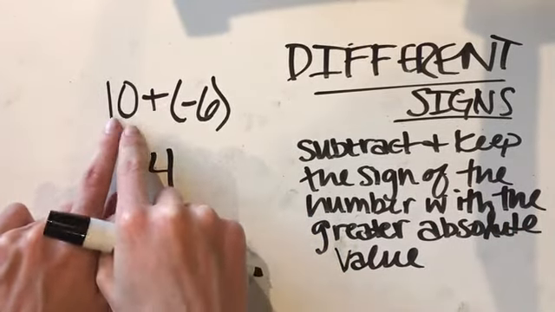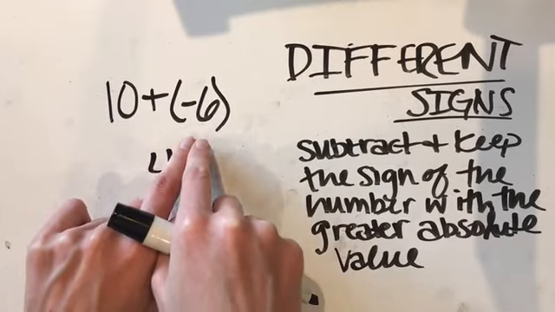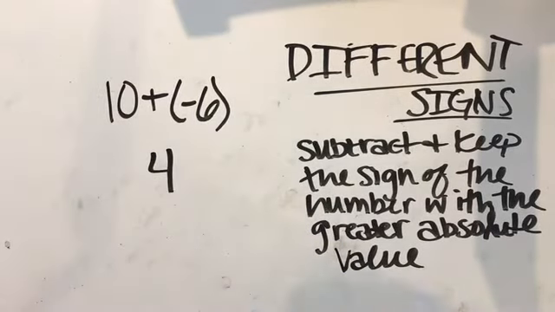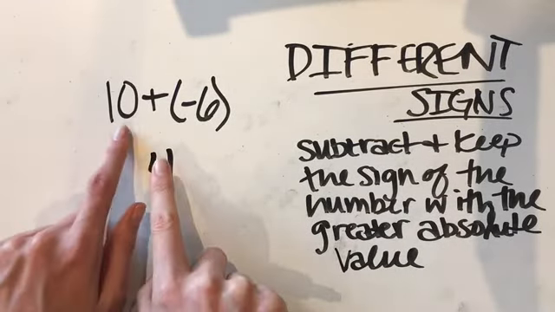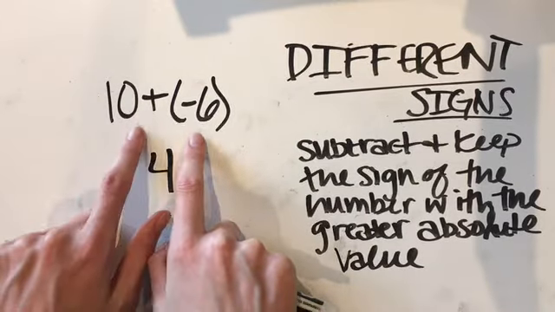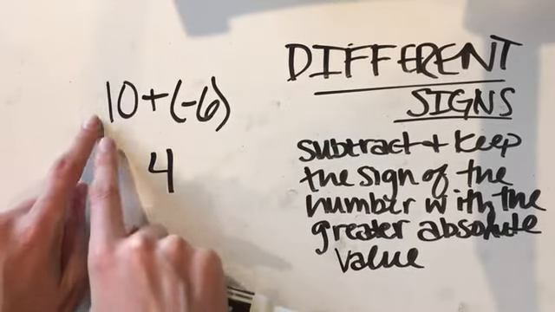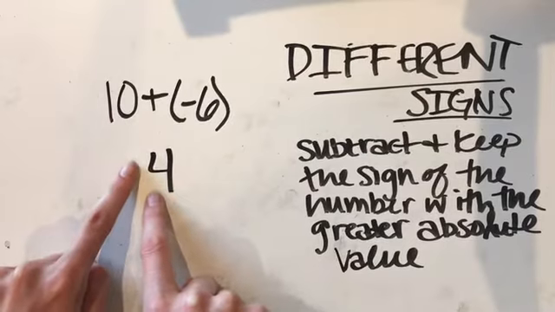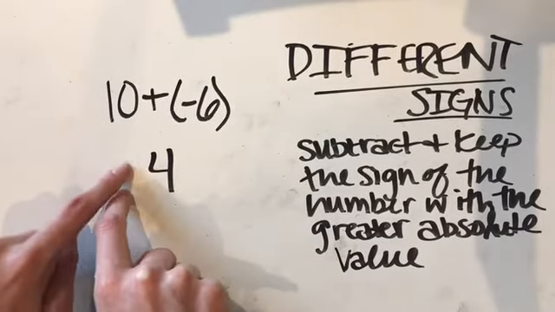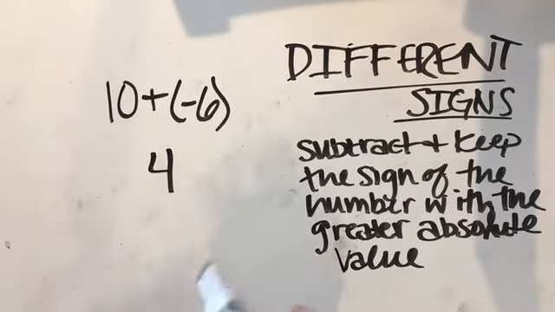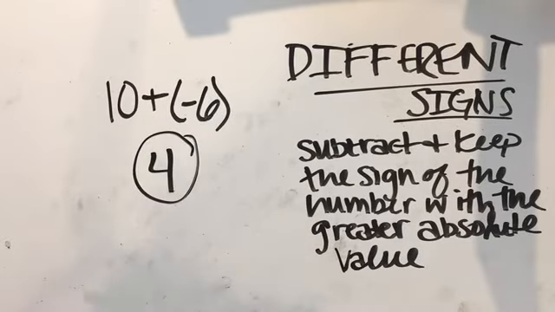So between 10 and -6, which one has a greater absolute value? Now remember, we learned about absolute value yesterday. That's the distance from 0. And that just means we make them both positive. So which one is greater, 10 or 6? Well, 10 is. And since 10 is positive, that's the sign we're going to use here, positive. Do we put a plus sign? No. No sign signifies positive.